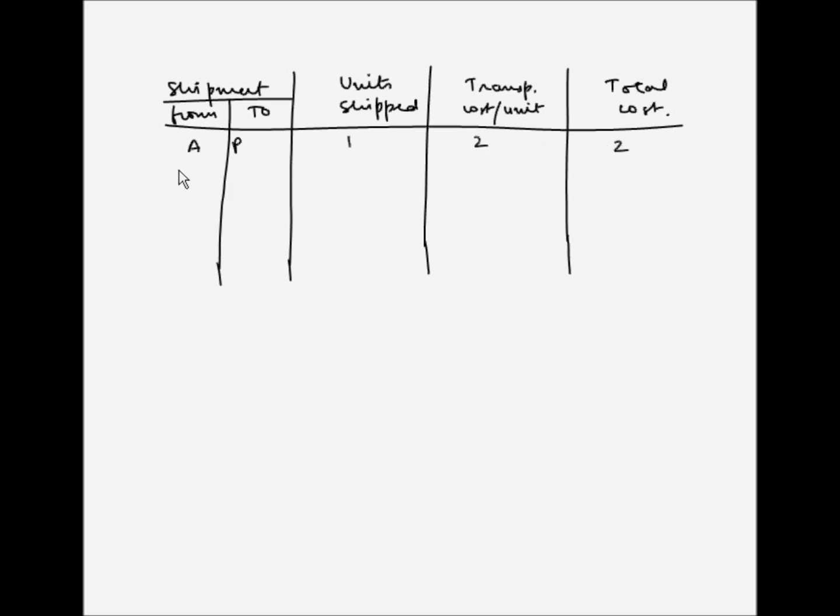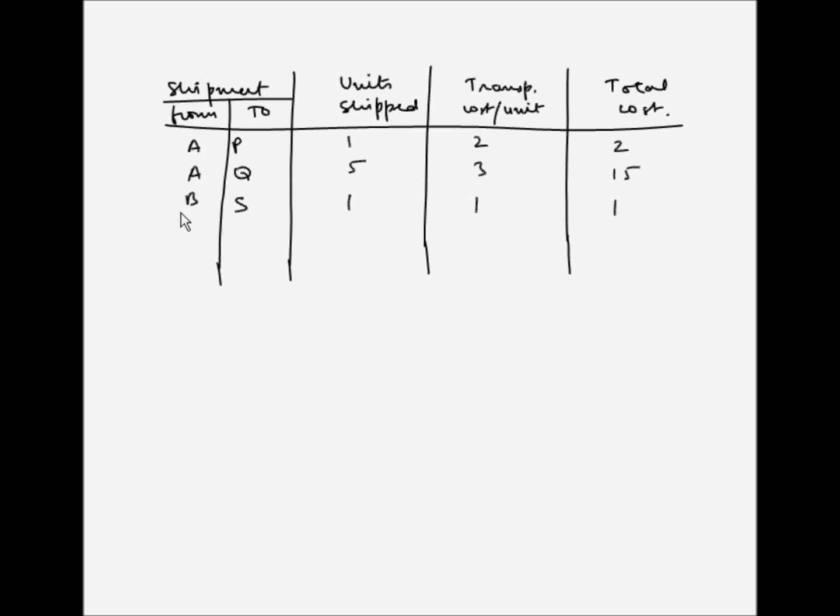Next is A to Q, the unit shipped is 5, the transportation cost is 3, 5 3s are 15. Next allocation is B to S, unit shipped is 1 and the transportation cost per unit is 1, so 1 multiplied by 1 is 1.